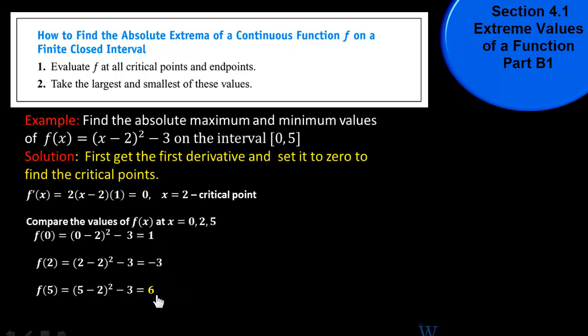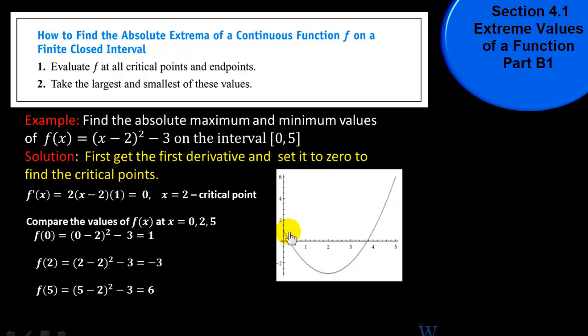So just compare all these three values, and that gives us the absolute minimum of negative 3 and the absolute maximum occurring at x equal to 5, and the maximum value is 6. And here you see that when x is equal to 2, we have an absolute minimum occurring right there, and then an absolute maximum occurring at x equal to 5 with a value of f of 5 equal to 6.